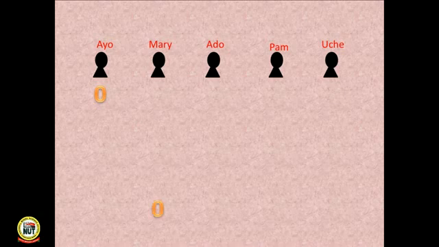We give Mary 1. So we count as we share: 1, 2, 3, 4, 5.